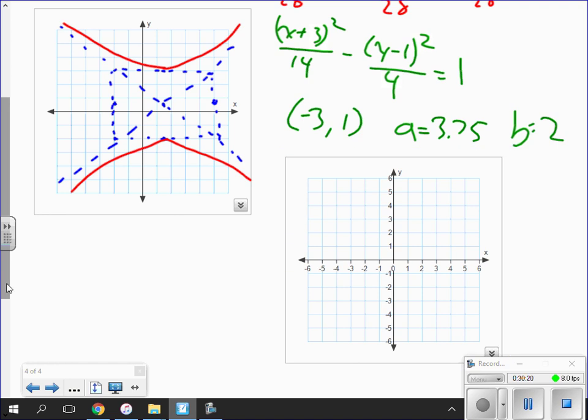So I go to the point negative 3, 1. My A is 3.75, so 1, 2, 3, and about a quarter, and 1, 2, 3, and about 3/4, and then up 2, and down 2, and there's my box.